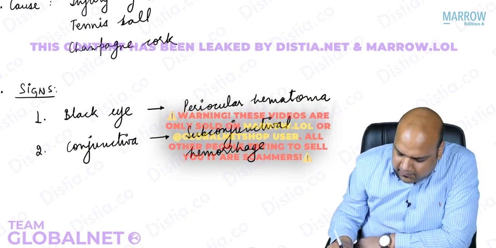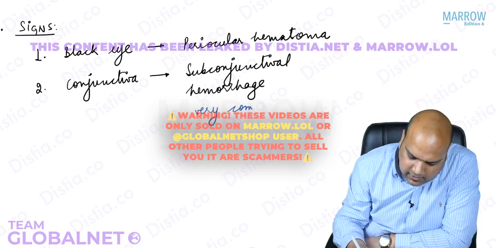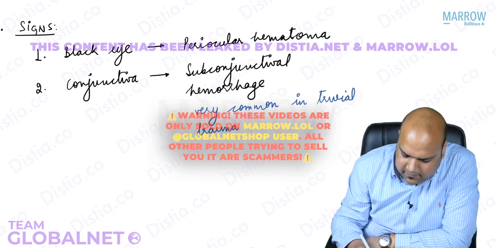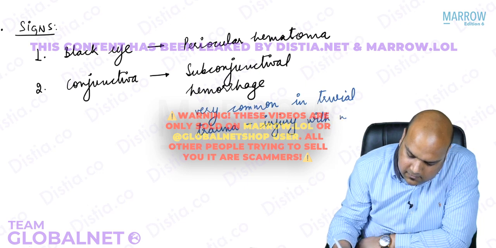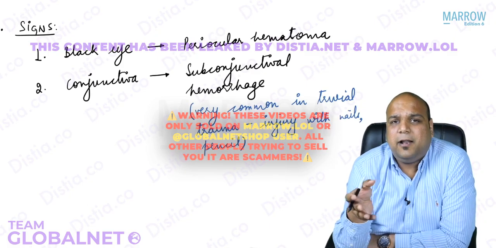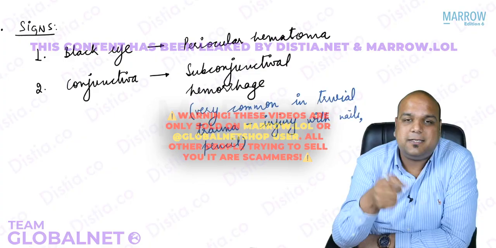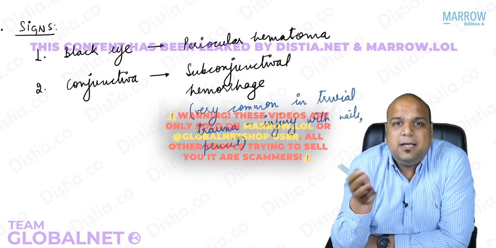Subconjunctival hemorrhage is very common in trivial trauma, like injury with nails, or let's say something like a pencil. It usually occurs in children. Two children are playing something, and the fingernail of a child gets struck in the other child's eye. Trivial trauma. It will only lead to a dark red spot, subconjunctival hemorrhage, nothing else.